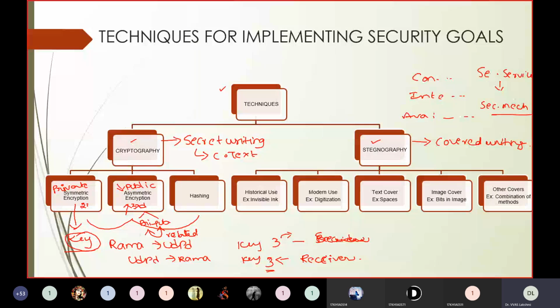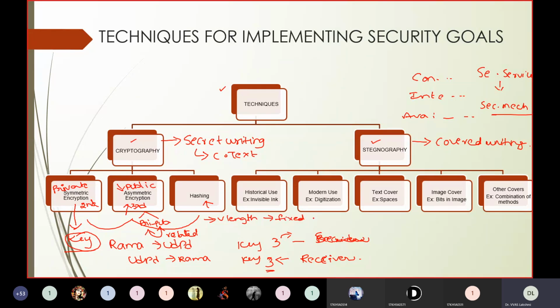The third one is hashing. Hashing is used to check integrity, and in digital signature techniques and authorization. That's why we are using hashing techniques. Hashing means it takes a variable length message and produces a fixed length output.